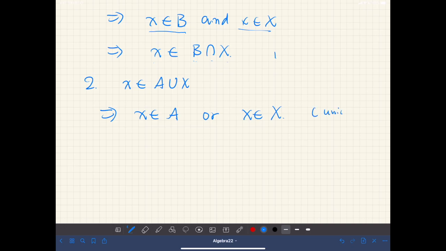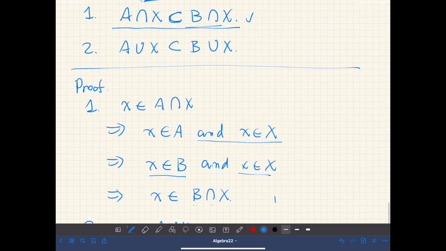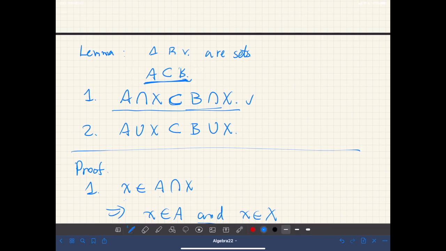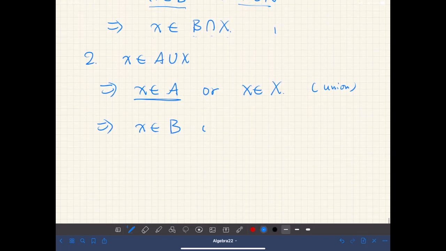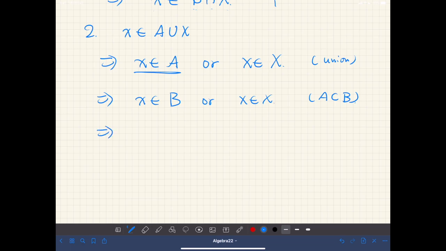But if x belongs to A, then x belongs to B because of the assumption that A is a subset of B. Then this or this means x belongs to B cup X, by the definition of union.